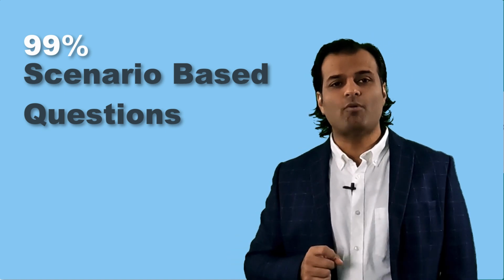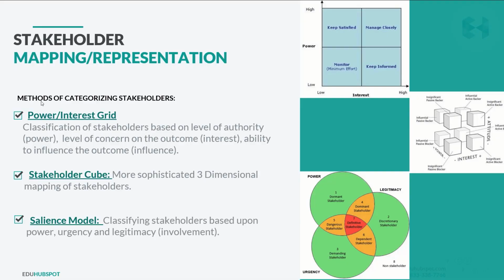Okay, that's your power interest grid. Then we have the stakeholder cube. The stakeholder cube is more sophisticated, more three-dimensional. So it's not just about power and interest. It can have some other column like attitude or urgency. So basically more than two dimensions can come into the stakeholder cube.